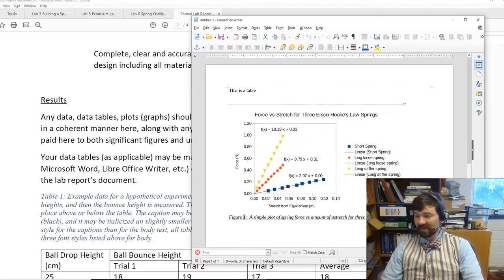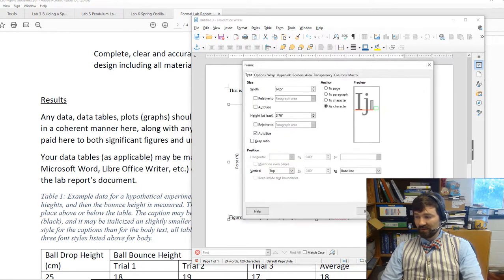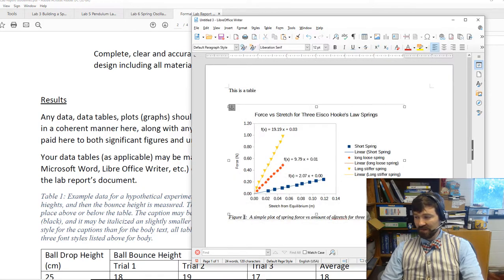You can do something like that to add a caption to it. And if you would like to change the caption after you've written it, it's editable, that kind of thing.